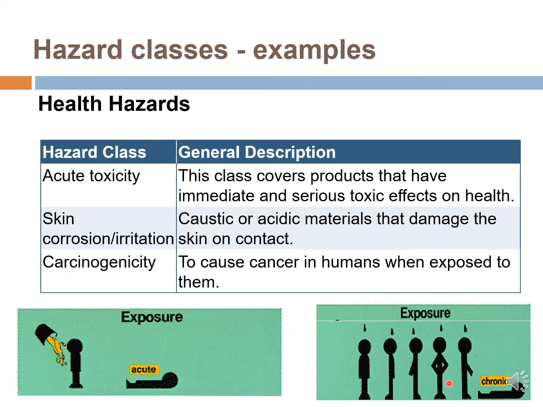Similarly, we have chronic toxicity, where the exposure is prolonged, so the effect is not immediate but prolonged. If the hazard class is skin corrosion or irritation, it contains caustic or acidic materials that damage the skin on contact. And carcinogenicity means causing cancer in humans when exposed to them. This is the description of these classes, and these are just examples of hazard classes.